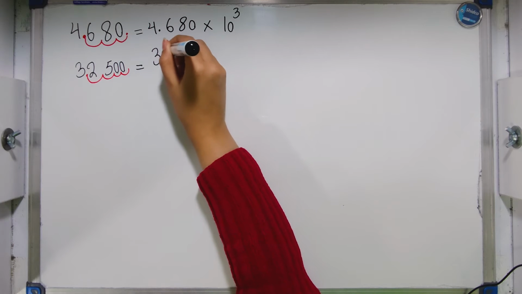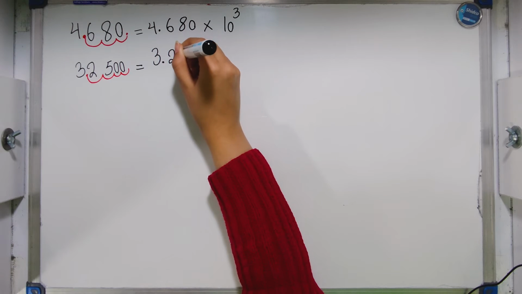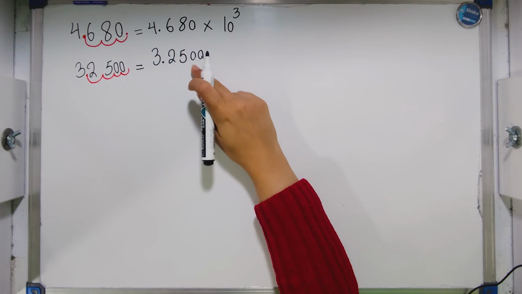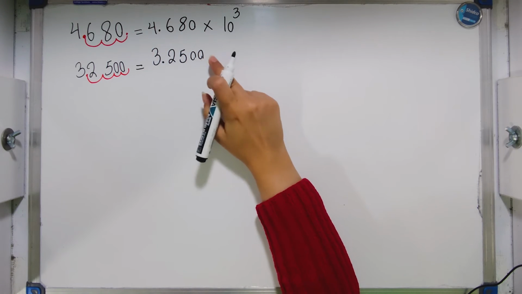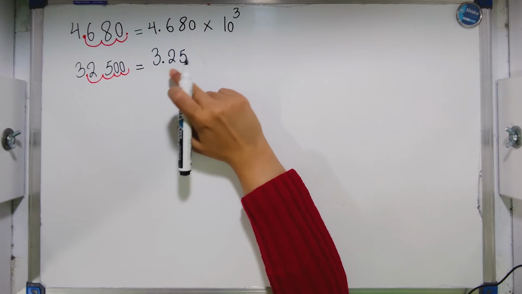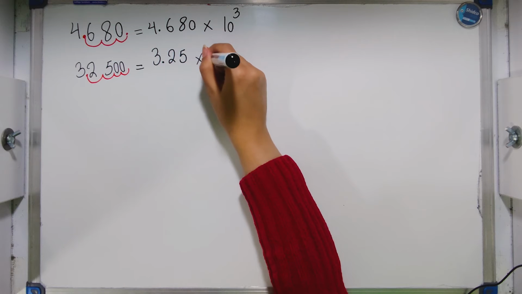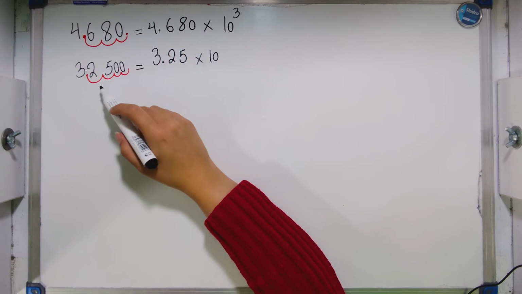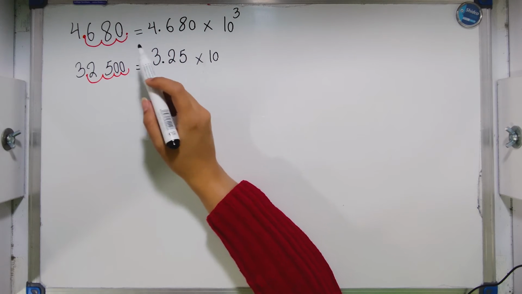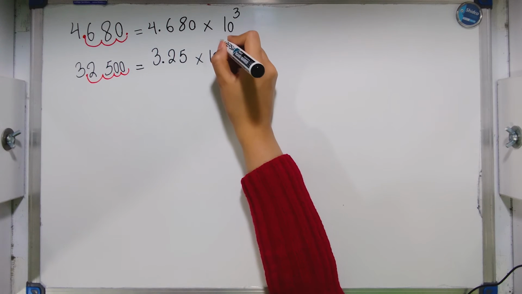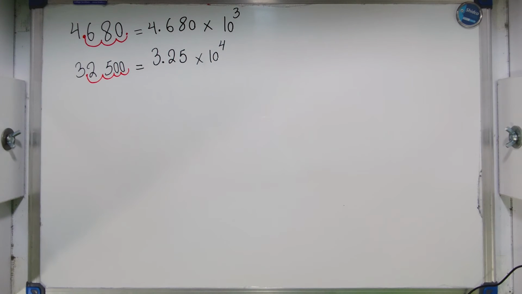So 3.2500. Also, because they are the last digits after the decimal, you can just drop them and just write 3.25. It's enough, okay? So, times 10 to the power. Because it's a large number, the power should be positive. And I have moved my decimal 1, 2, 3, and 4 by 4 digits. So here I put positive 4.